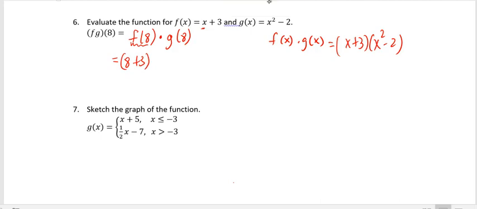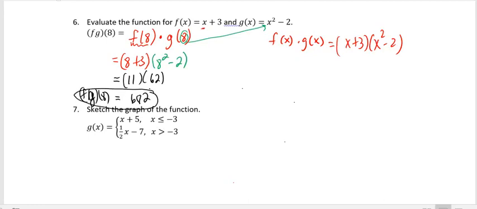And then for the g, I'm going to plug in this 8, so I get 8 squared minus 2. 8 plus 3 is 11, and then 8 squared is 64 minus 2, 62. 11 times 62 is 682.